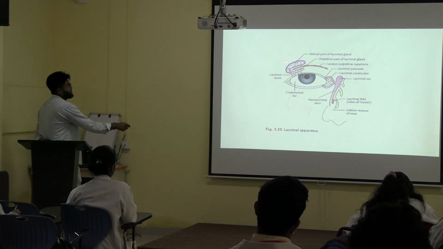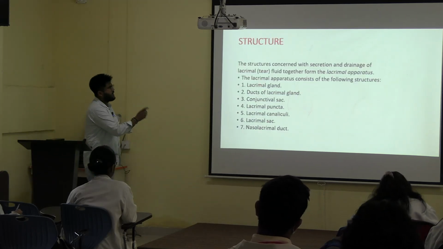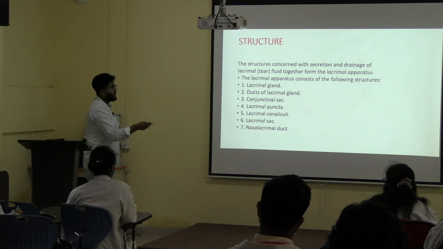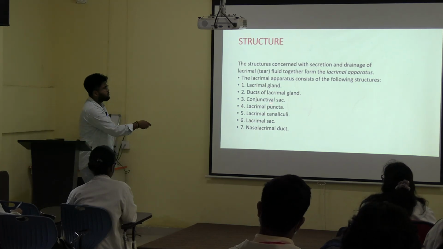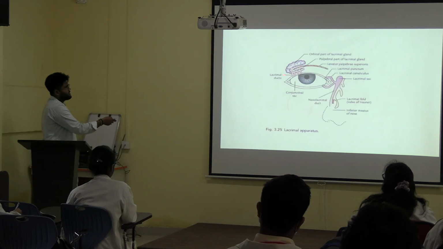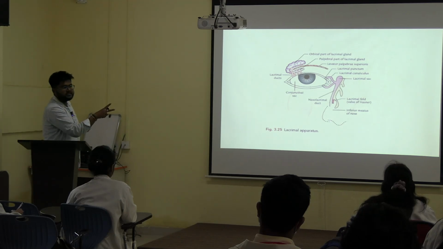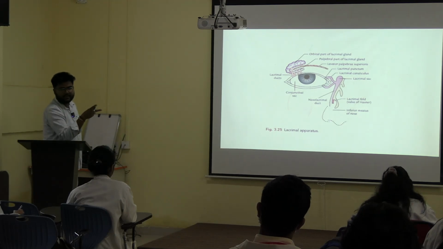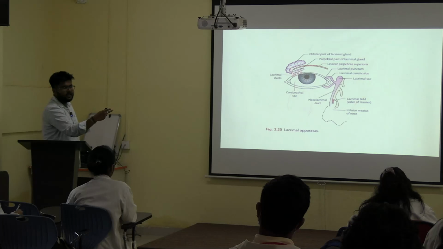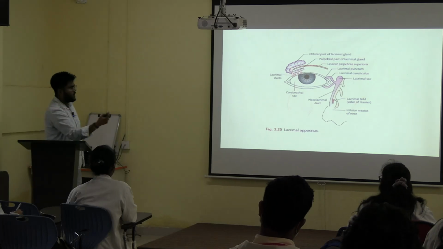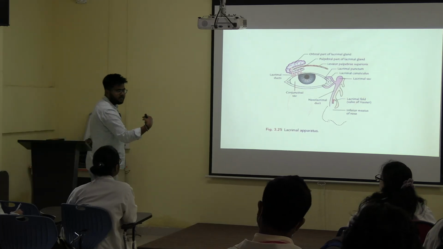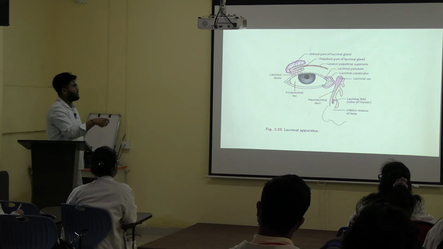So what was the first structure? Lacrimal gland. Next the ducts of the lacrimal gland, then the conjunctival sac. Just remember, first there are two parts, the orbital part of the gland and the palpebral part, and laterally the levator palpebrae superioris muscle is present, and here the ducts are coming and attached to the conjunctival sac.